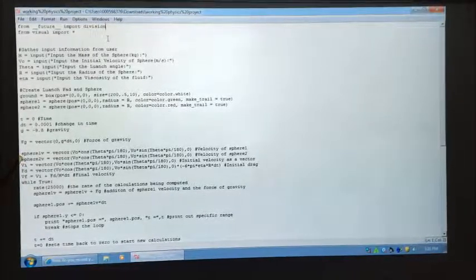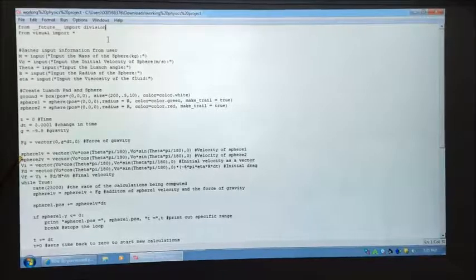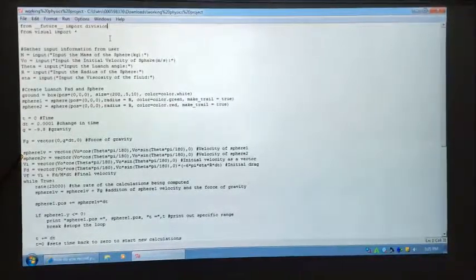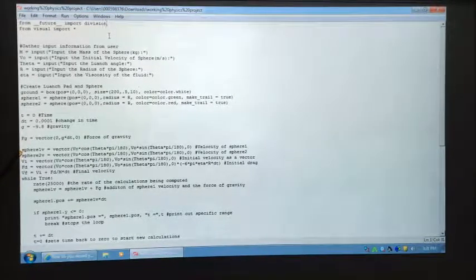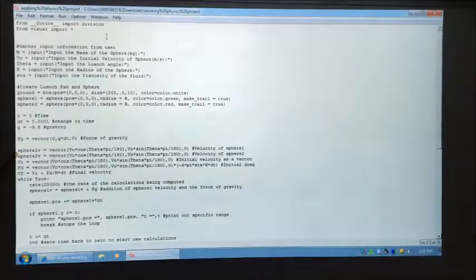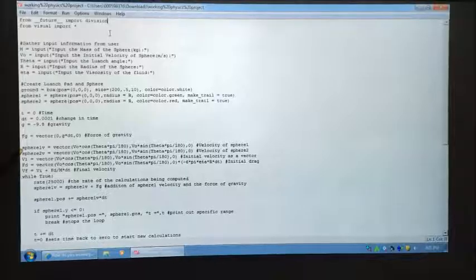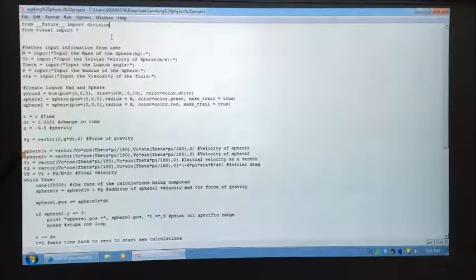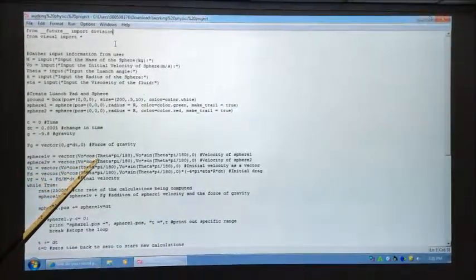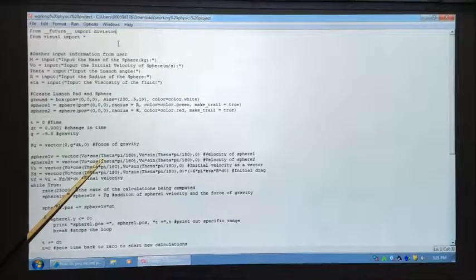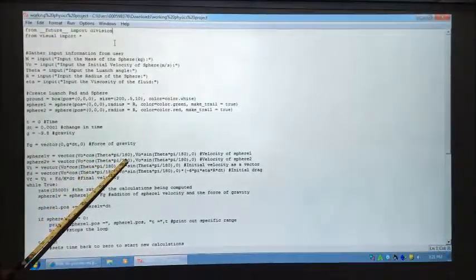On the next section, we have the velocity of sphere 1, and that's computed by v naught times cosine theta, which is multiplied by the conversion factor pi over 180, and that's for x.